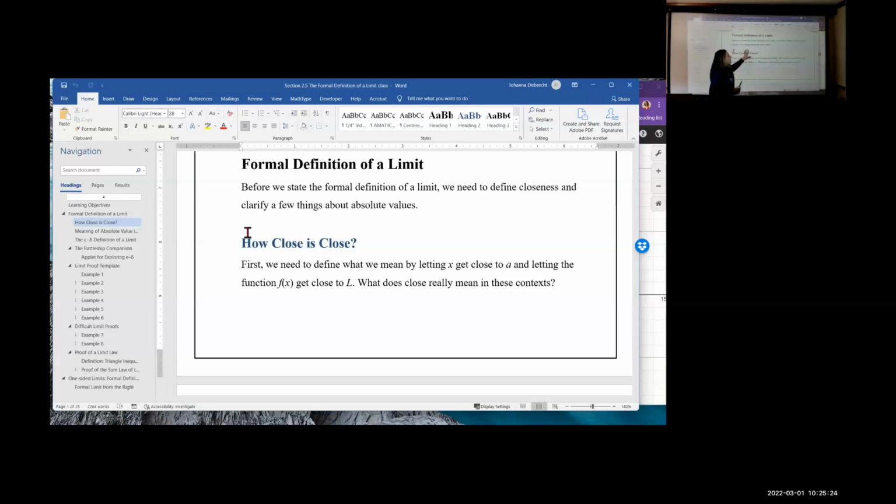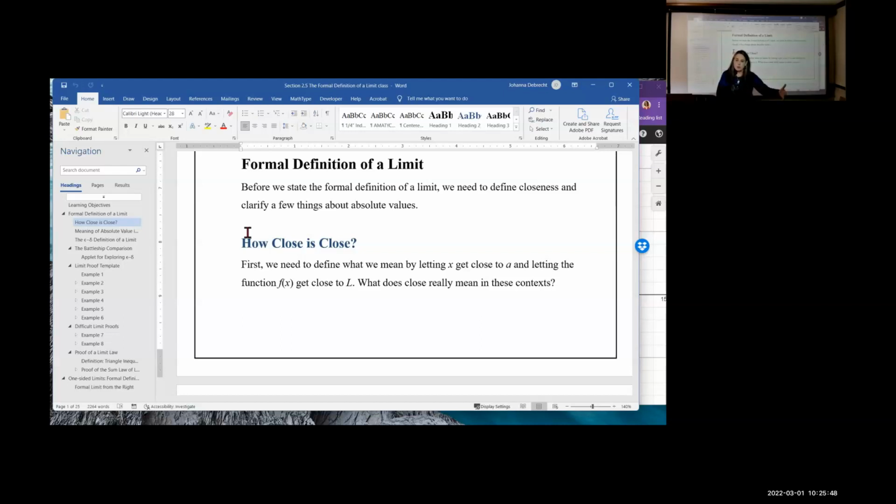The problem with the idea of the limit is we say that x is getting close to a, and if x gets close enough to a, what does the y value get close to? But the problem is the word close is not mathematically precise. What do we mean by x gets close to a? How close to a?